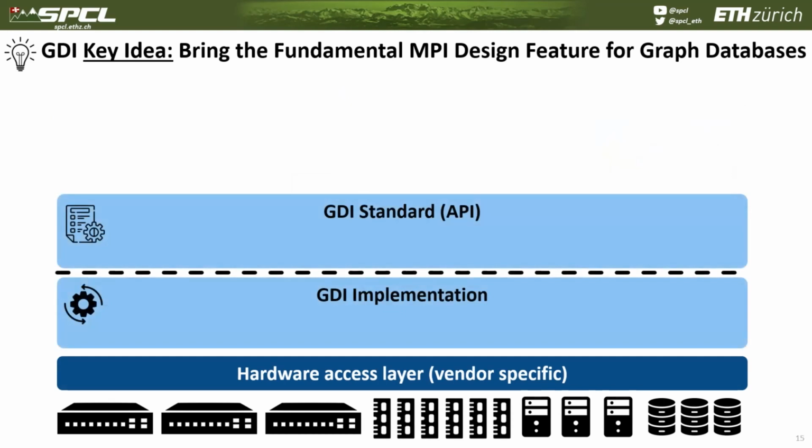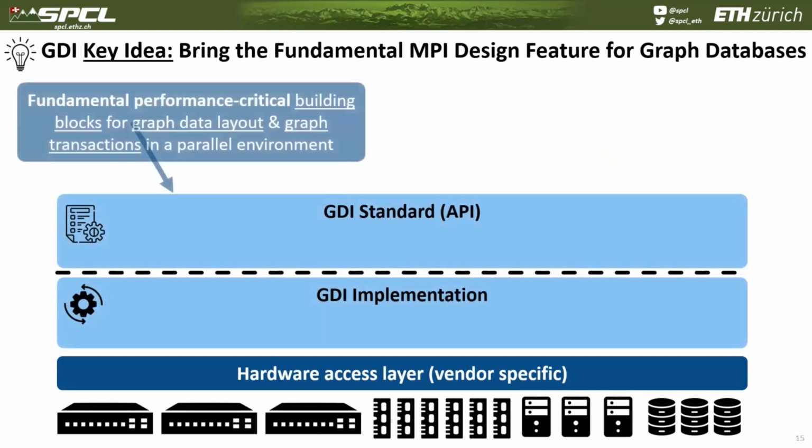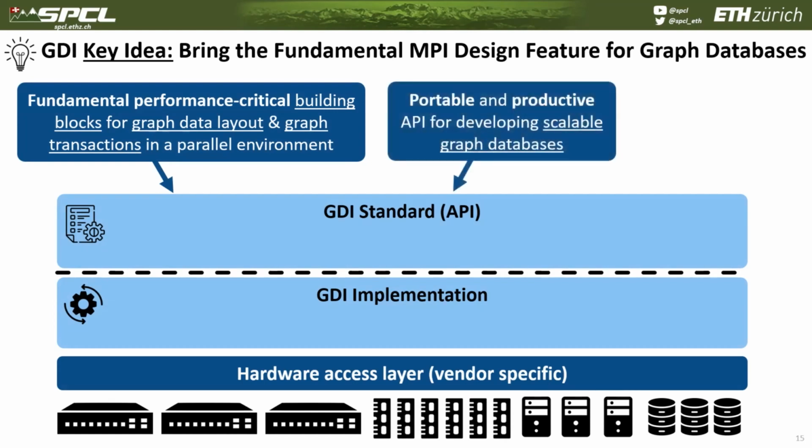This is exactly what we decided to do in GDI. So now we propose the GDI standard, which is really the API coming with fundamental performance critical building blocks that we can use to manipulate the graph data layout and to run graph transactions in a parallel setting. And it enables a portable and productive API for building large-scale graph databases.